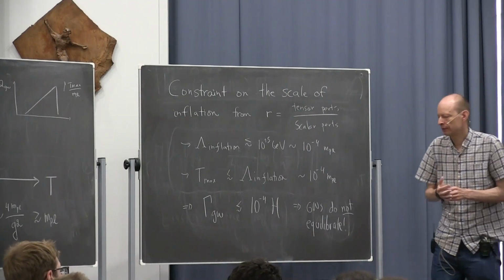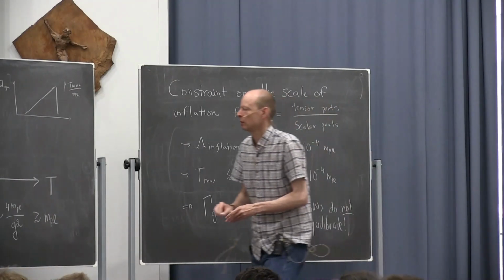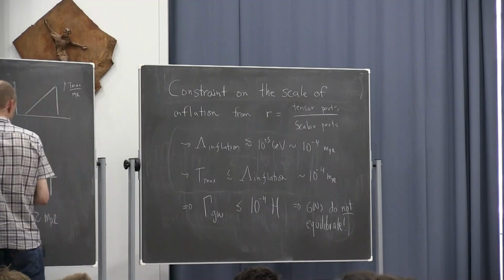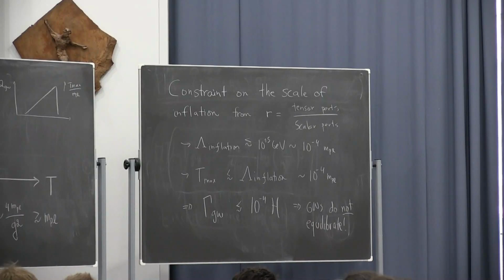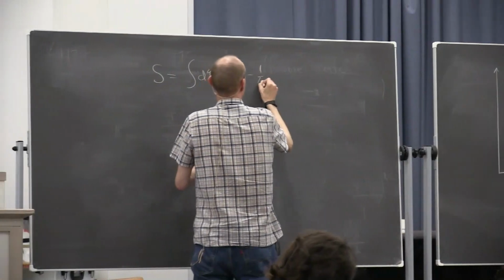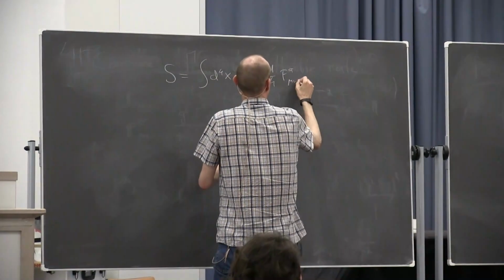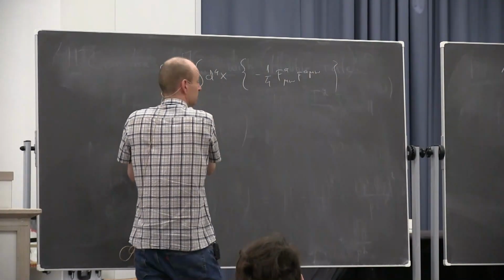Yes, you can do it in different ways, but the simplest thing is that normally we write the Lagrangian, but now instead we should write it in a covariant form.